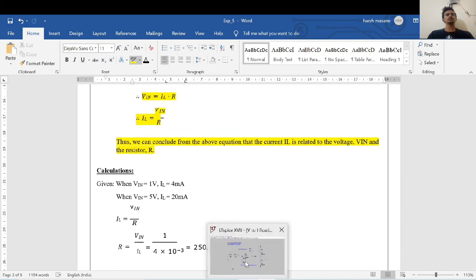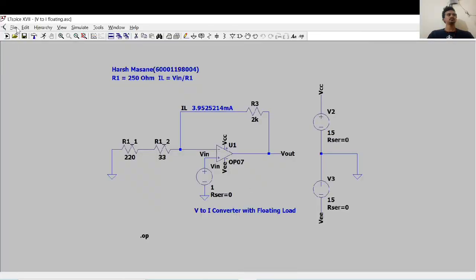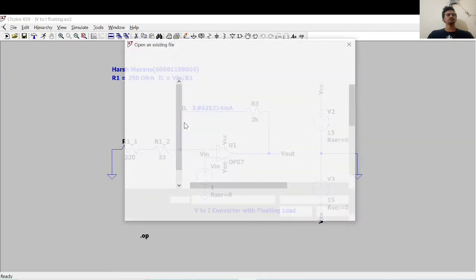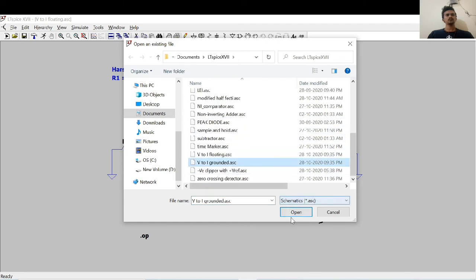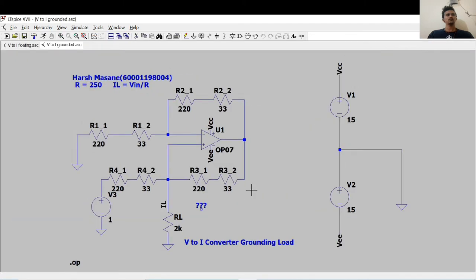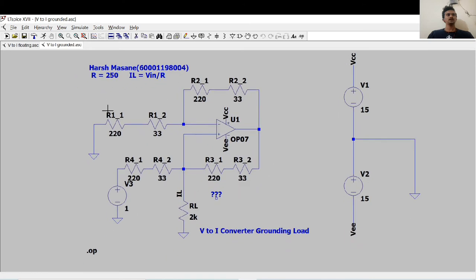So let's open the circuit. Here is my circuit. As you can see, my RF and R1 are similar. R1 and R2 are similar at 250 ohms.